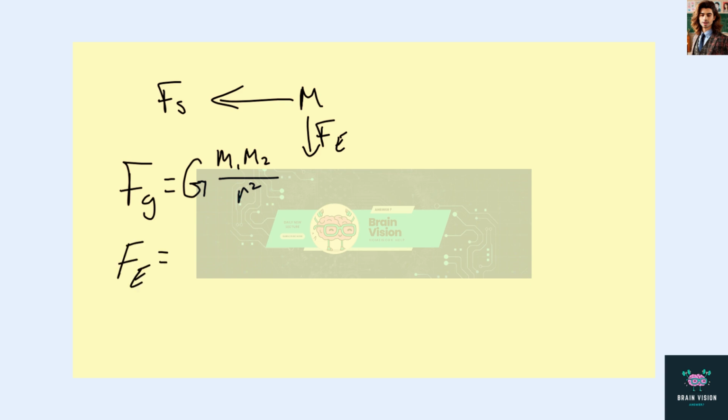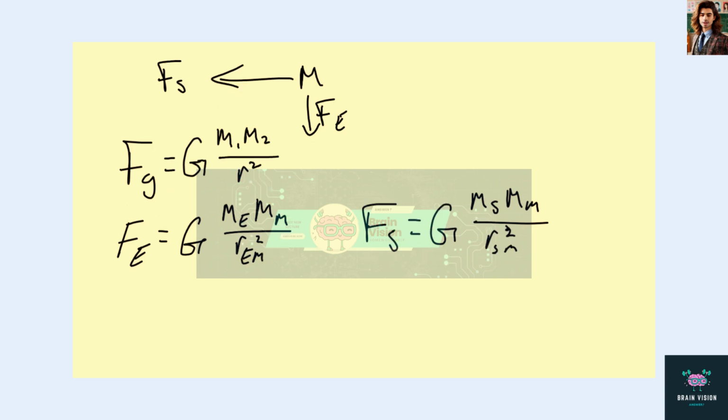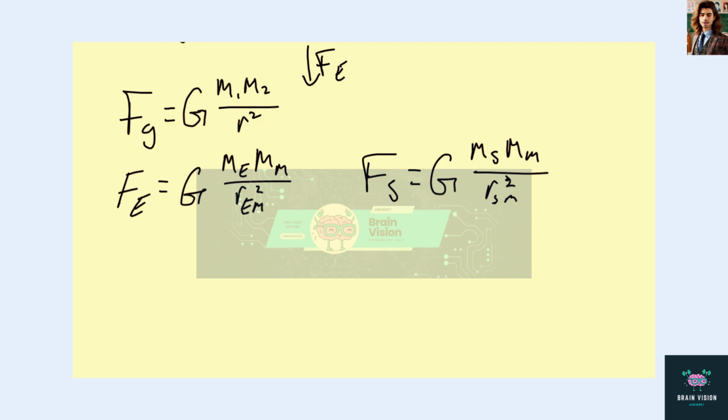So force from the Earth is going to be G, mass of the Earth, mass of the moon over the Earth-Moon radius squared, while force from the sun is going to be big G, mass of the sun, mass of the moon, over the radius between them squared.